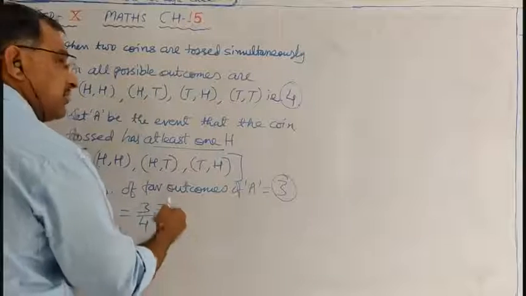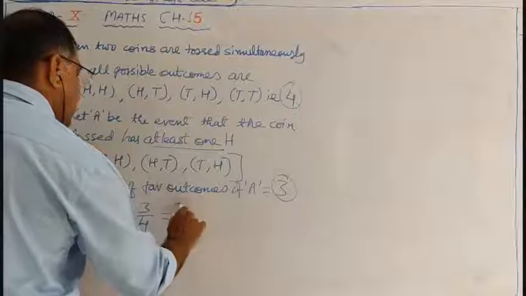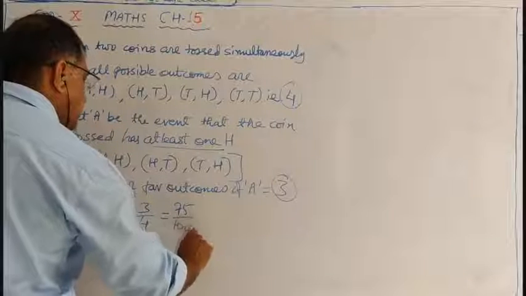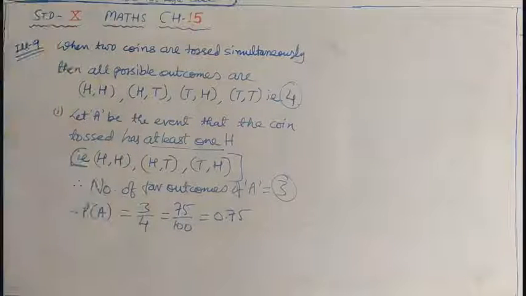Multiplying by 25 over 25, we can convert it into a terminating decimal, and that is 0.75.